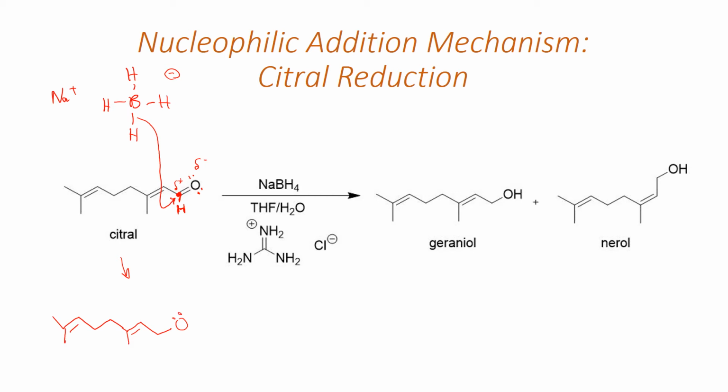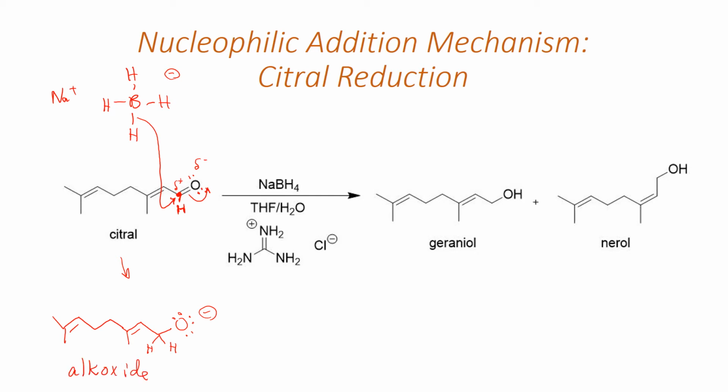These electrons are kicked off onto the oxygen because carbon can only have 4 bonds at a time. So those are kicked off onto the oxygen, giving it 3 lone pairs and a negative charge. We've got a new hydrogen and the old hydrogen that was on there. So this is an alkoxide.